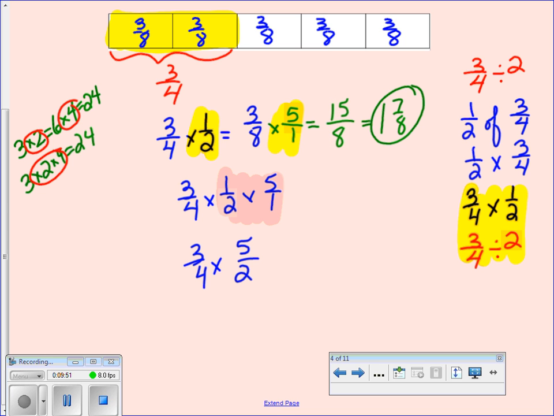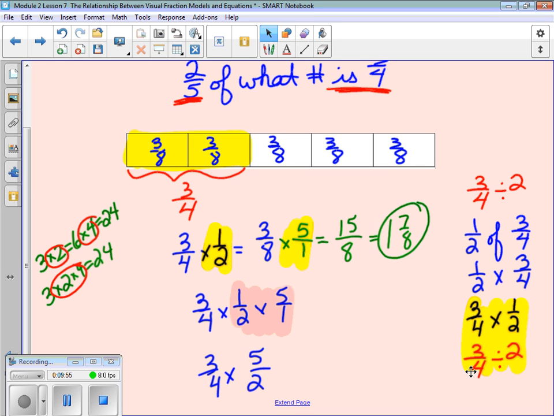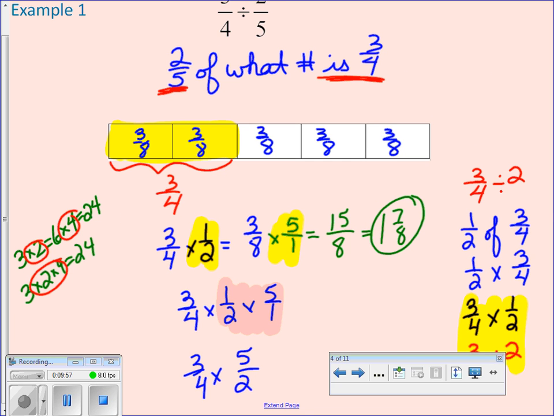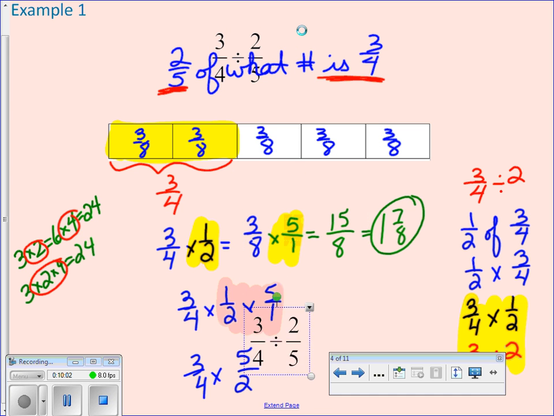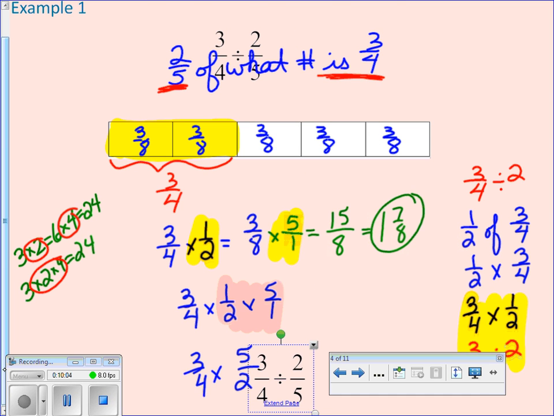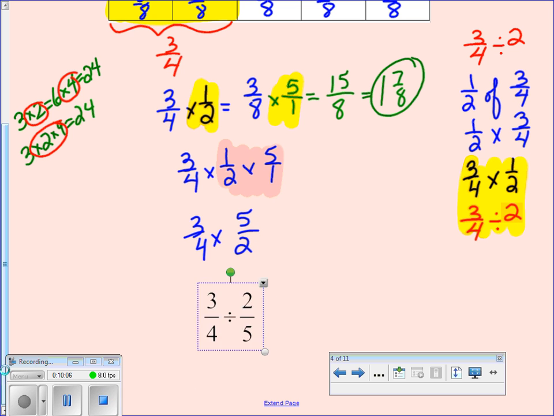Are you ready for mind blown? Watch this. What was our original equation? What was our original equation? It's just flipped. What? Say what now? Say that again.